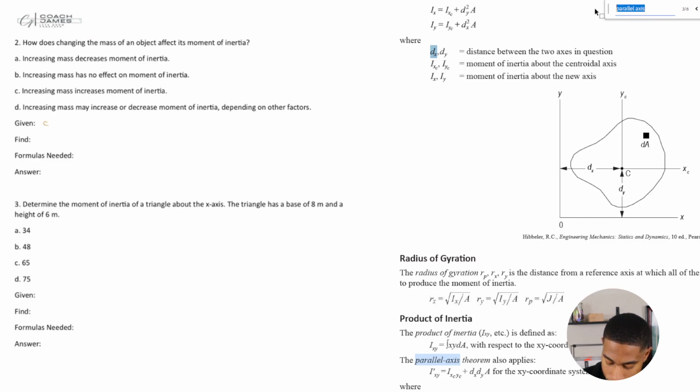So they give us that we're changing the mass of an object, and we're trying to find how that affects inertia. Okay, so I'm going to search for mass moment of inertia, maybe.